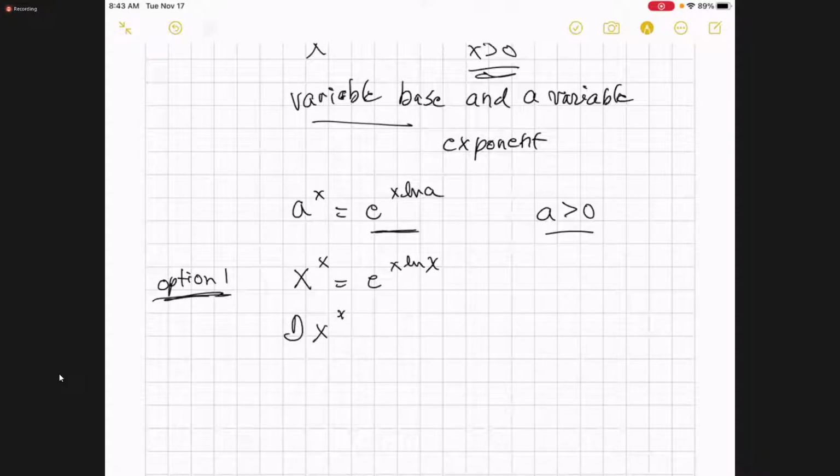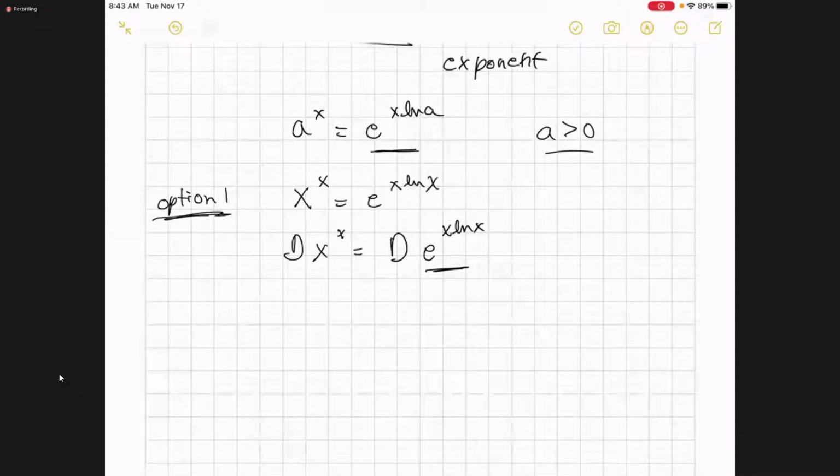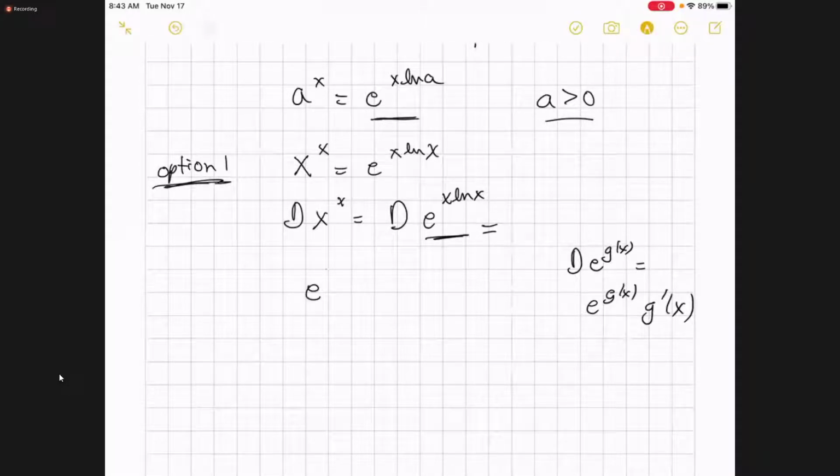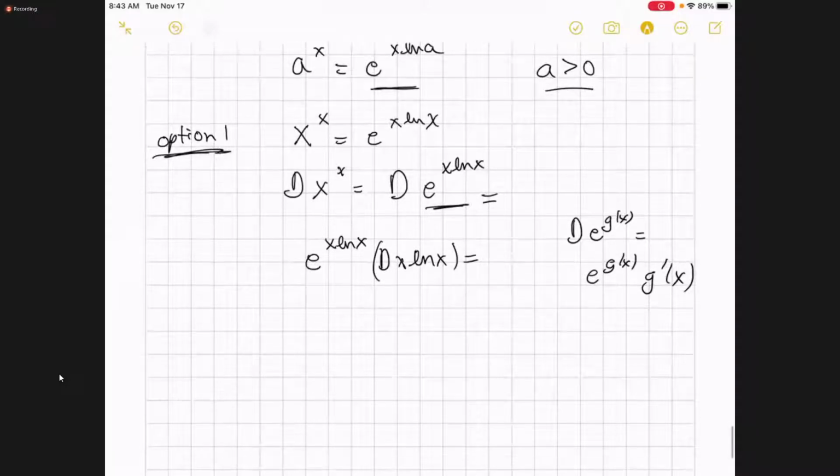The derivative of e to the x ln x is a composite function. In general, if you have e to the g of x, it's e to the g of x times g prime of x. So this derivative is e to the x ln x times the derivative of x ln x, and x ln x is just a product of two functions.